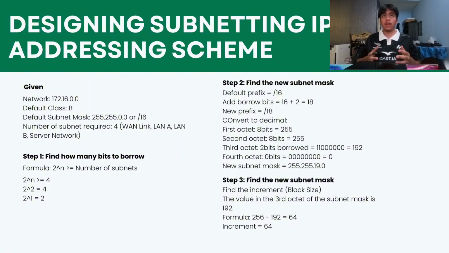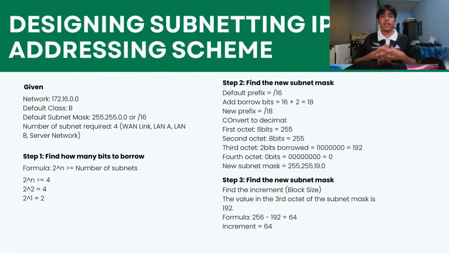For the third octet, we borrowed 2 bits just now, so it is 11000000, equal to 192 in decimal. The fourth octet has 0 bits, so our new subnet mask will be 255.255.192.0.